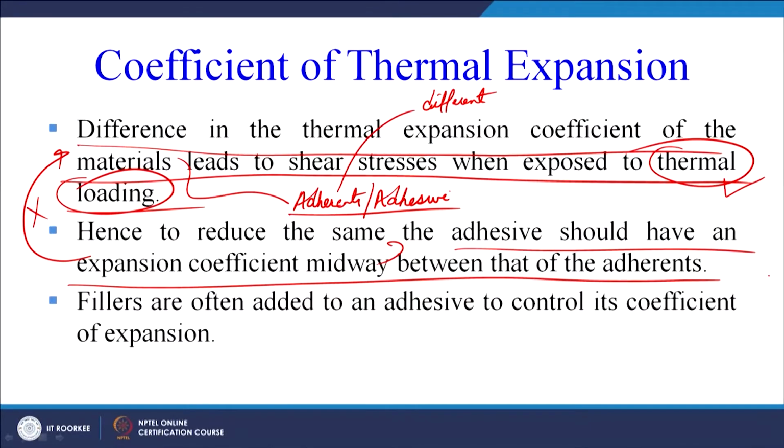Fillers are often added to an adhesive to control its coefficient of expansion. So we can select an adhesive with a proper thermal coefficient of expansion, and we can add the filler also to control the coefficient of expansion of the adhesive. This is also an important guideline we must keep in mind when our product is going to have a number of adhesively bonded joints.